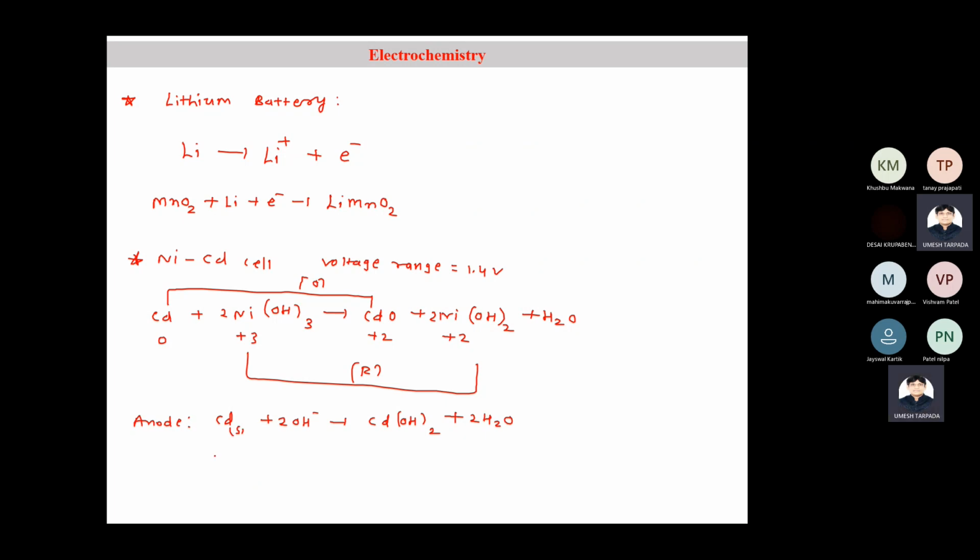And nickel oxide gets reduced to nickel OH twice.